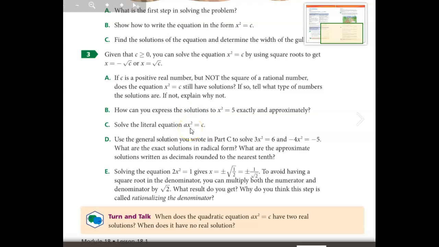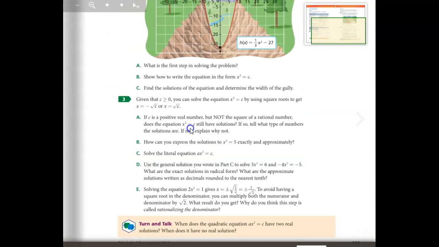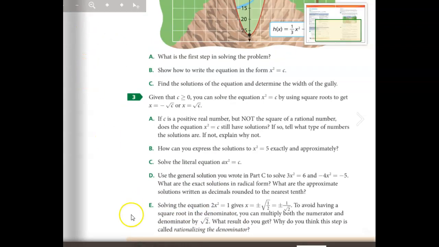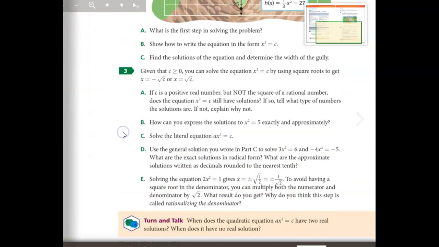Okay, and so last but not least, at the bottom of the page, they're showing you that you can use this technique to divide both sides of this equation by 2 and then take the square root, and you get plus or minus 1/2 or plus or minus 1 divided by the square root of 2.